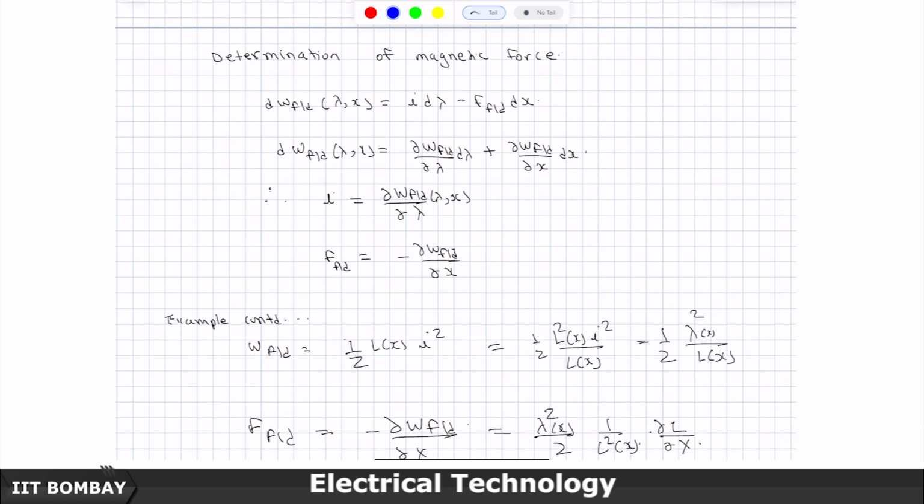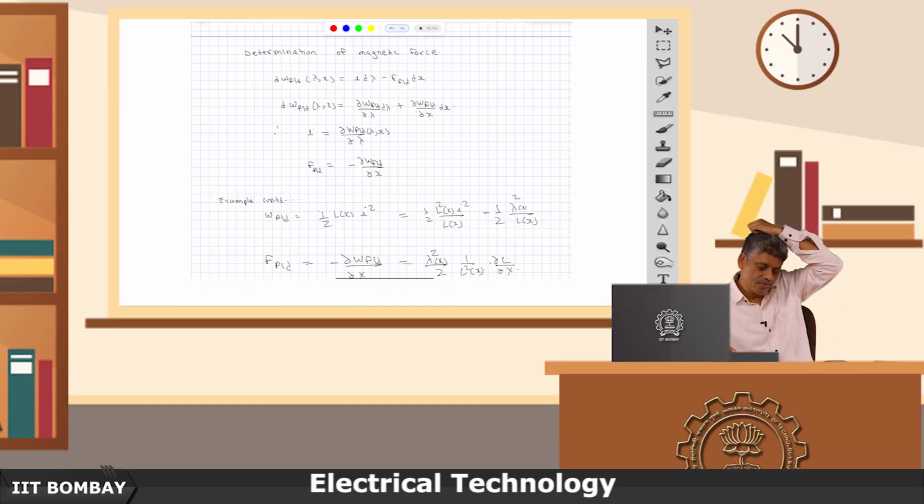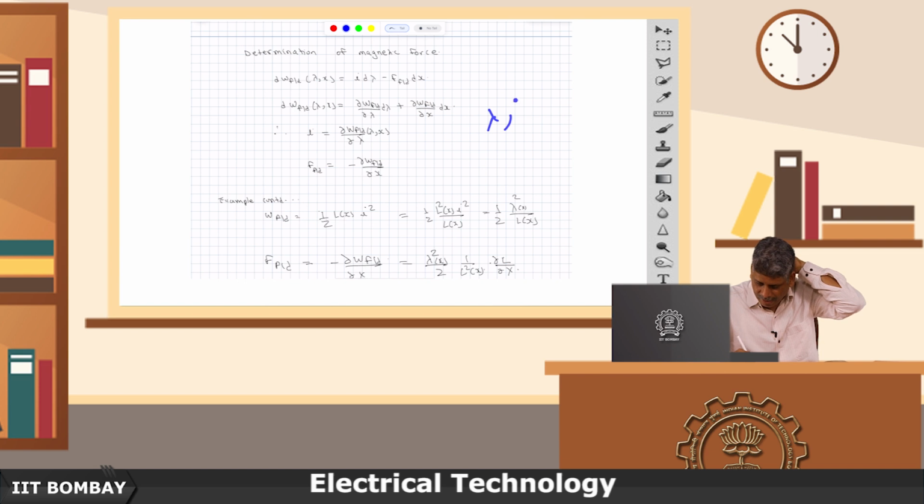So, now we calculated that W_fld is half of L of x times i square. Since I am working with the lambda-x system, I will rewrite it by multiplying by L on the top and bottom. I will rewrite it as half of lambda square at a given position, divided by L of x.